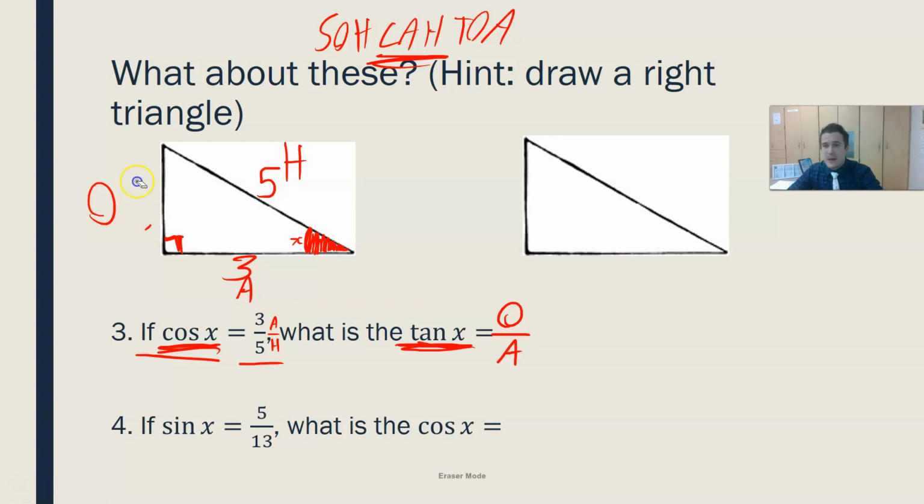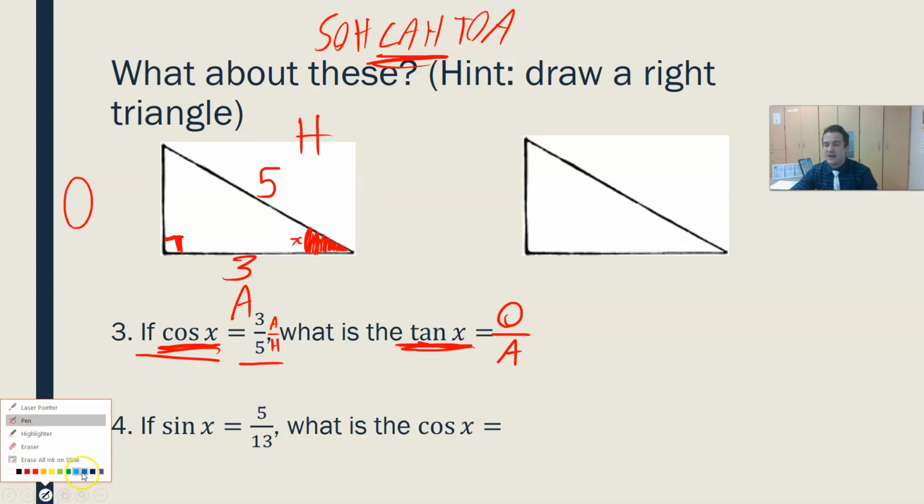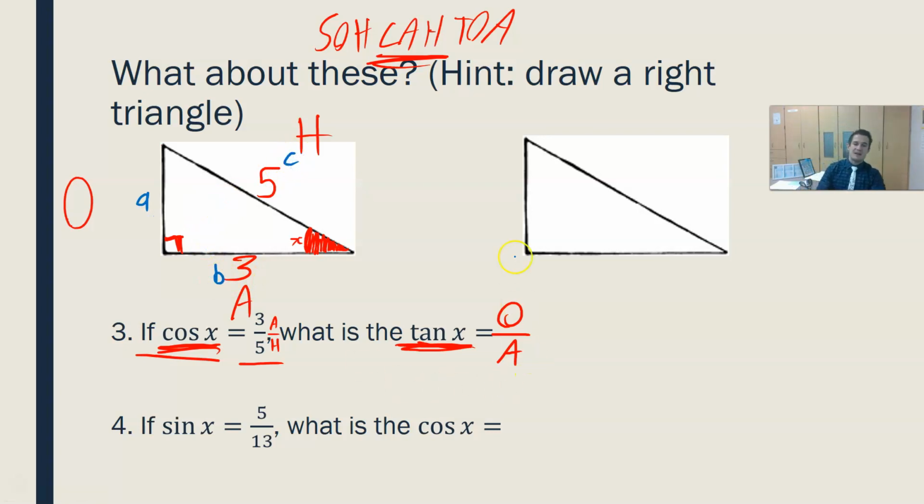But since I know the other 2 sides of this right triangle, I can find that third side using the Pythagorean theorem. Call the sides A, B, and C.